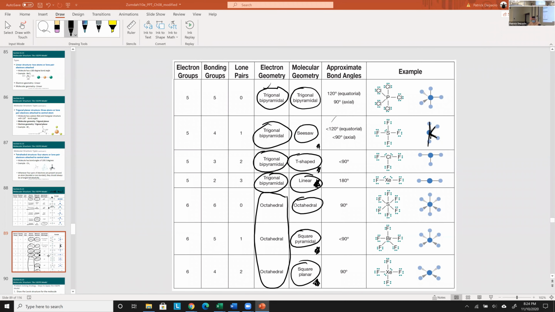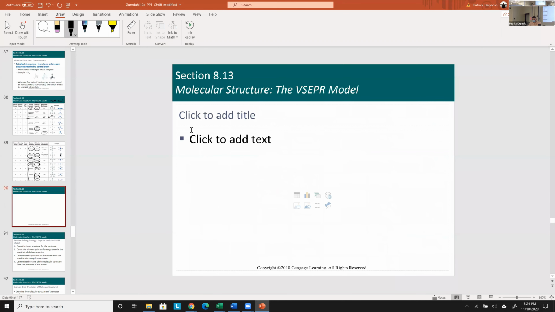Okay, so here's what I'm going to do to make it easier. I'm going to write words. I'm going to chart. So for electron geometry, I'll write EG, and then MG.